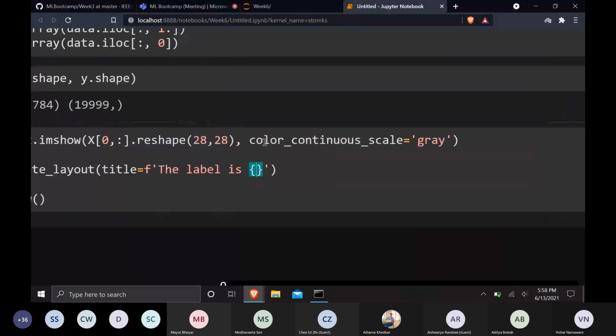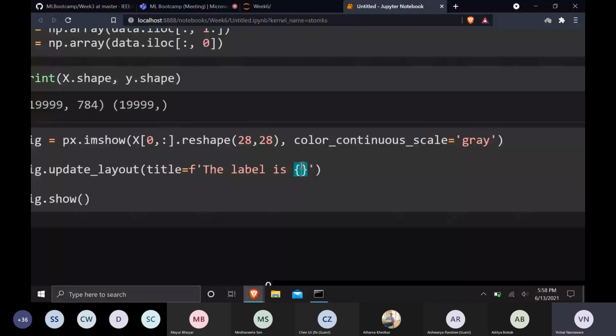So we are going to give the title, and I'm going to write it in a funny way, right? This is an f-string. The label is in these curly braces. I can write anything; it would be the variable. So for this, I'm going to write y of 0.